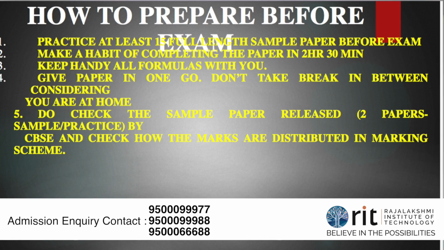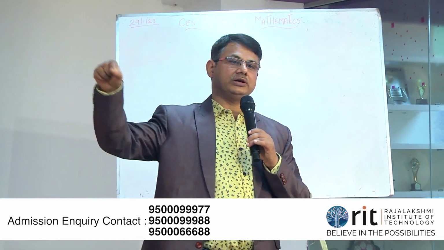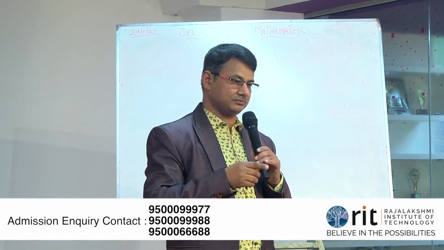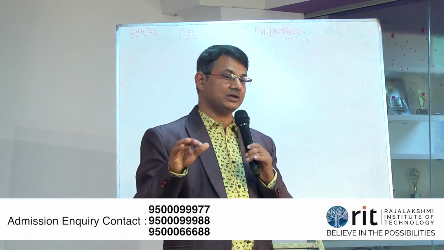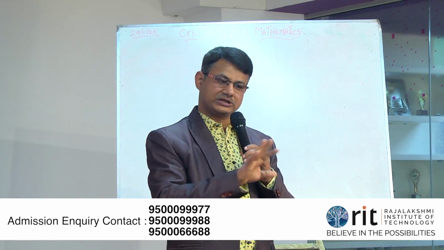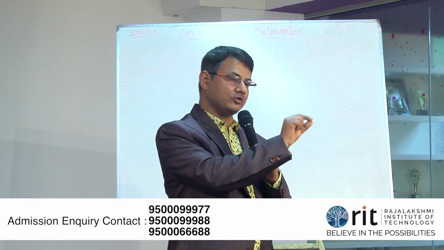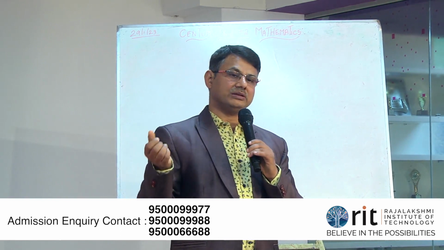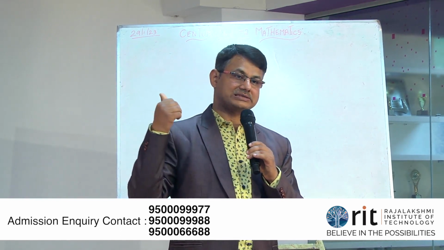In the very first chapter, there is a question like the number of relations. If A equals {1, 2, 3} is given, find the number of relations. That is not in NCERT. Equivalence class is also not in NCERT, though the word is written over there, but there is no question in NCERT on equivalence class.